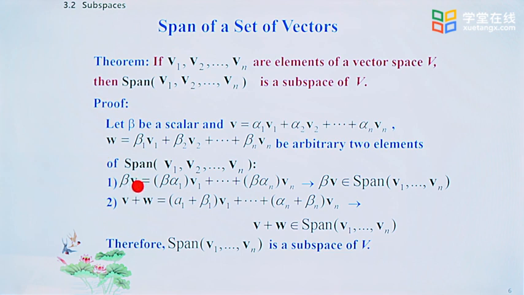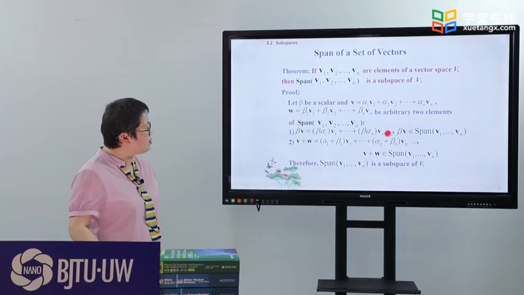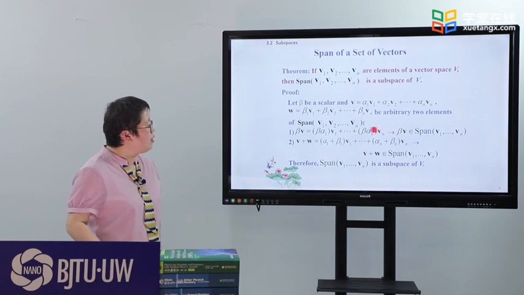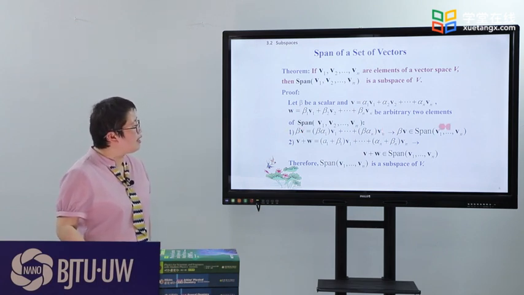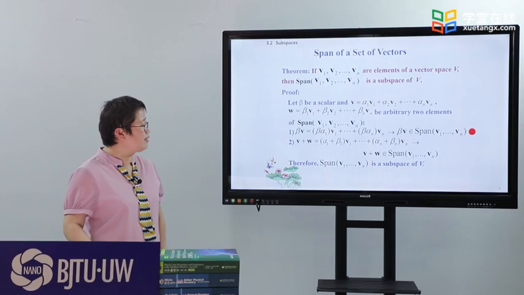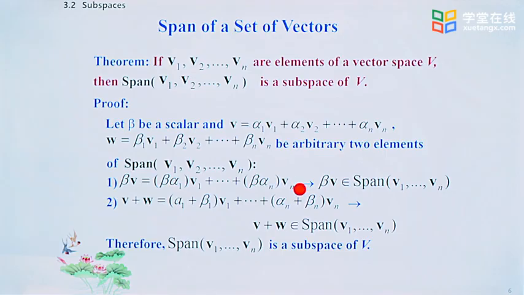Beta times V equals beta times alpha 1 times V1 plus till plus beta times alpha n times Vn. So beta V is still in the span of the given vectors, because you just change the scalars to beta alpha 1 till beta alpha n.